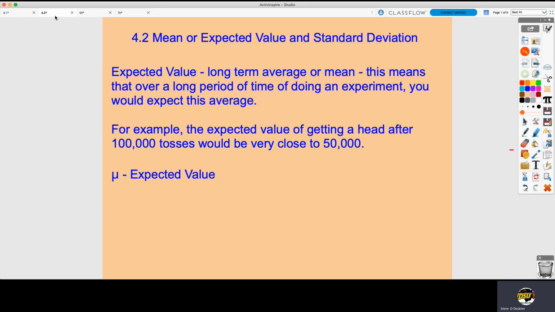So 4.2, we're talking about the mean or expected value and standard deviation.